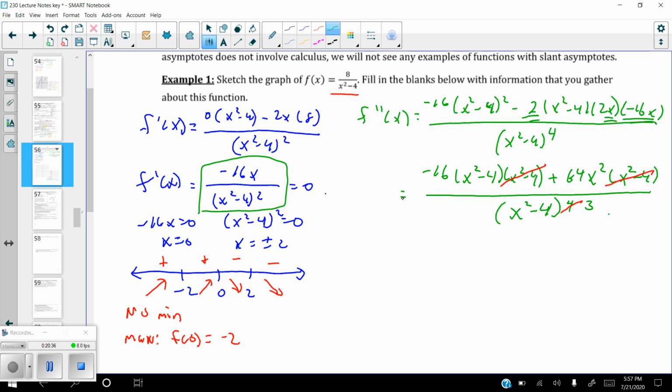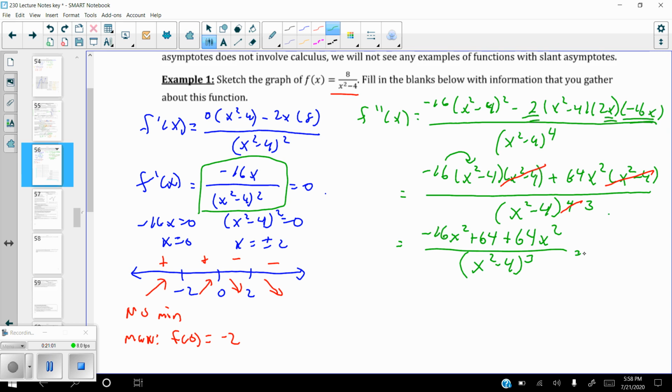So now on the top, I'm going to distribute the negative 16 into here. We're going to get negative 16x squared plus 64 plus 64x squared over x squared minus 4 cubed. And then one more simplification.